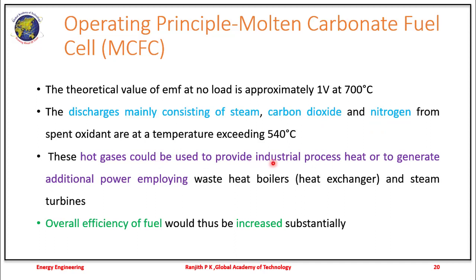And these hot gases could be used to provide heat or to generate additional power. Thus, the overall efficiency of the fuel can be increased substantially. So, nothing goes as a waste here, and it is effectively utilized.